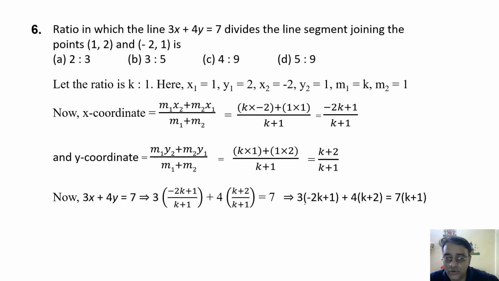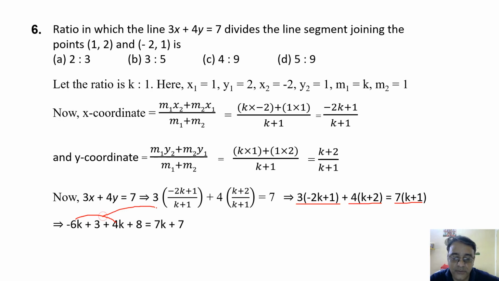Okay, so open the bracket. -6k plus 3 plus 4k plus 8 is equal to 7k plus 7. Right. So see, -6k plus 4k will become -2k. And we will shift that -2k to this side, plus 2k. Right.